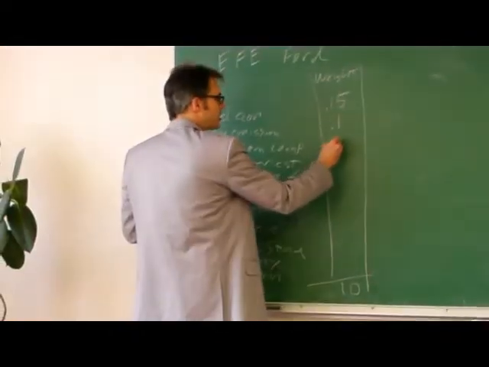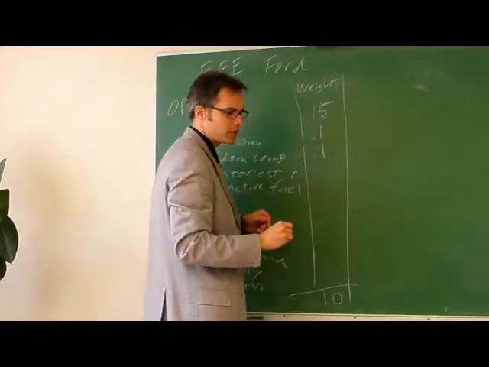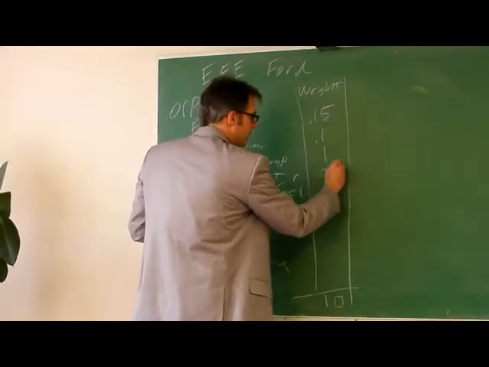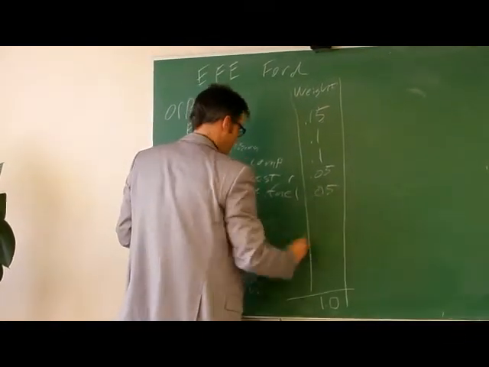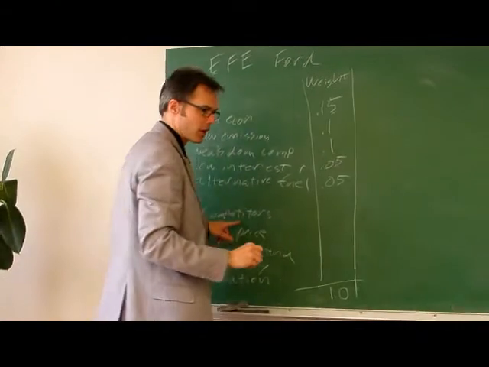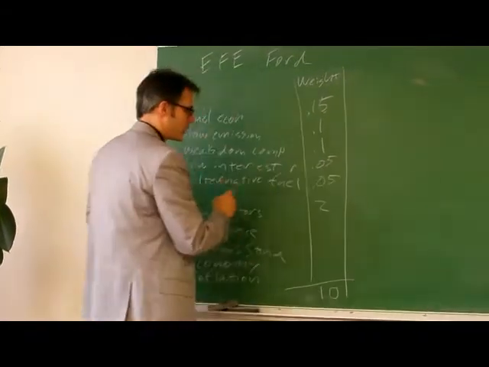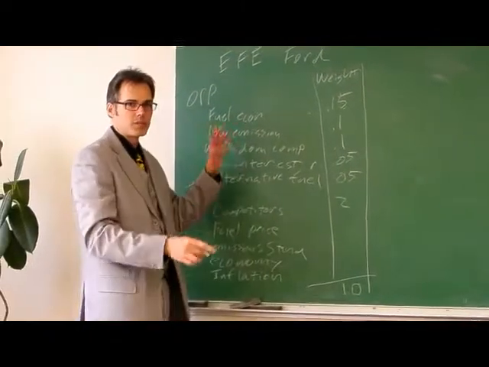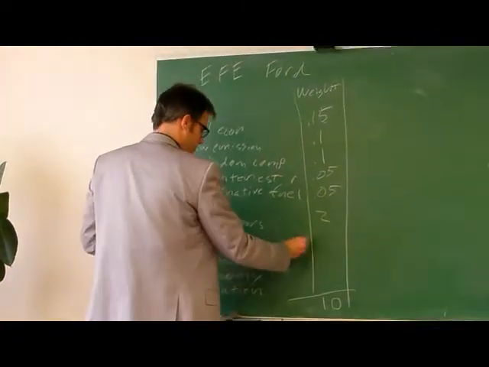Weak domestic competition, that's a 0.1. Low interest rates, that's a 0.05. Alternative fuel, put 0.05 there. Competitors, let's put 0.2. That's always the most important, because if you don't address this, everything else is moot. They're just going to beat you and run you out of business. Fuel prices, let's go 0.15.